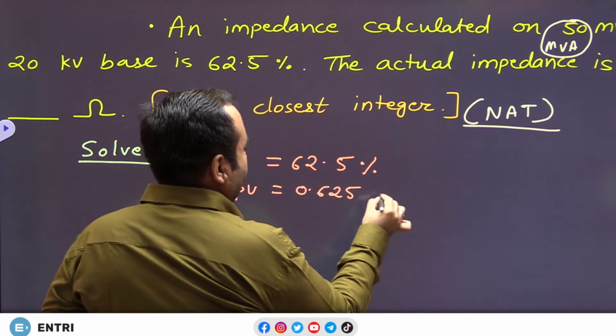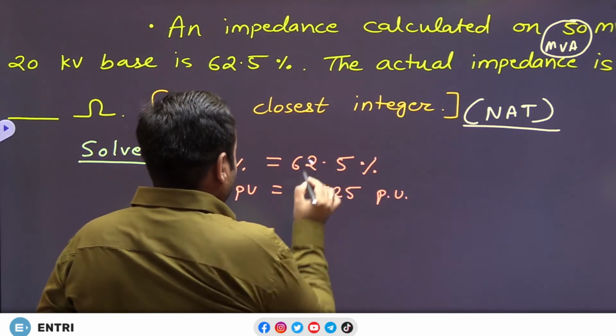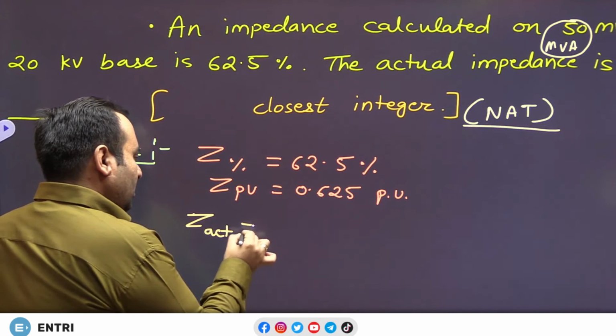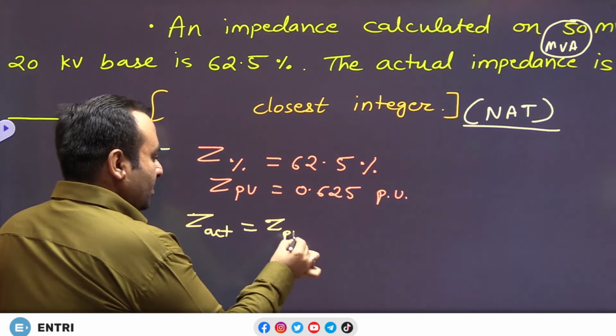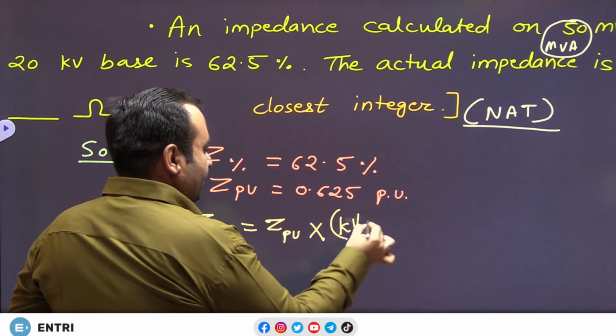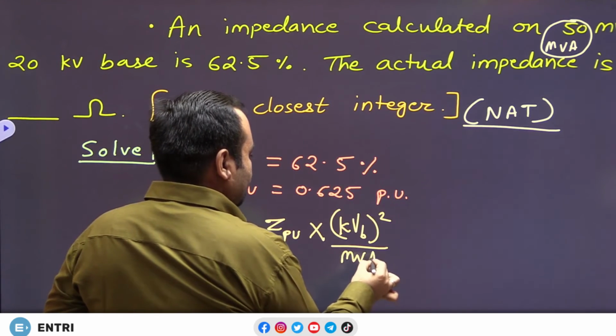0.625 per unit. Now, most of the time students are confused. We are going from per unit to actual now. So Z actual is Z per unit into kV base squared upon MVA base.